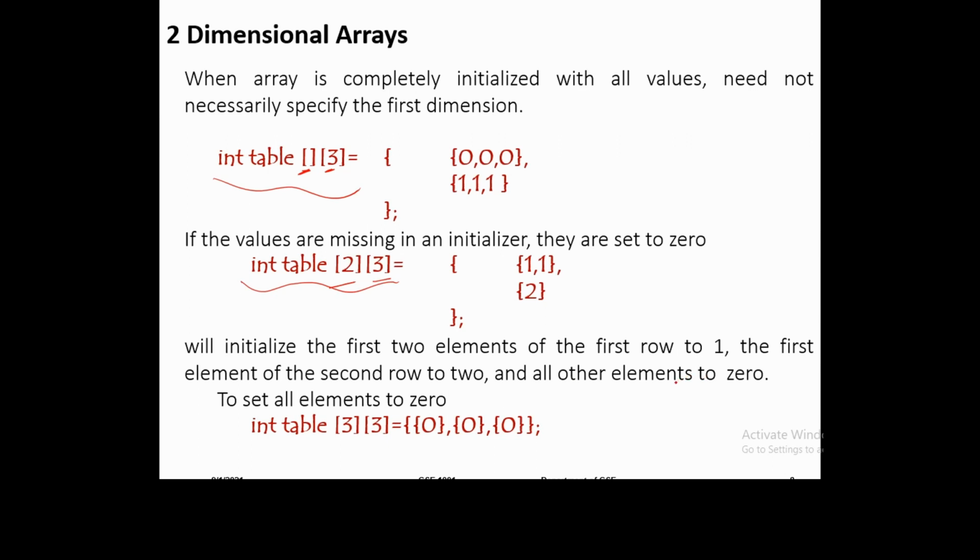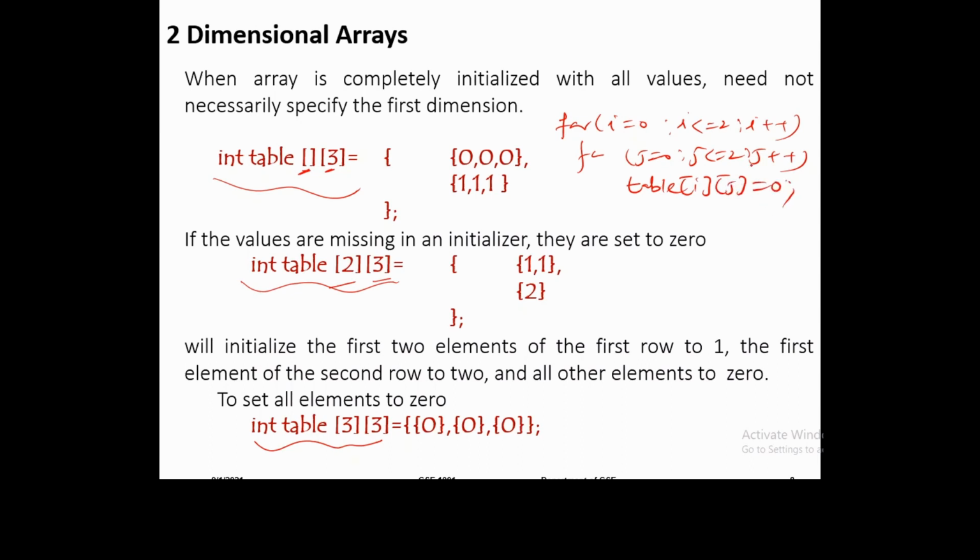Okay, and if we want to set all the elements of a particular array to 0, in place of writing a loop for that purpose, we can do so by writing a loop. Suppose this is an array table 3 cross 3, and for this we can write a loop for i equals 0, i less than or equal to, i plus plus, and here for j equals 0, j less than or equal to, j plus plus, and here I can simply do table[i][j] equals 0.